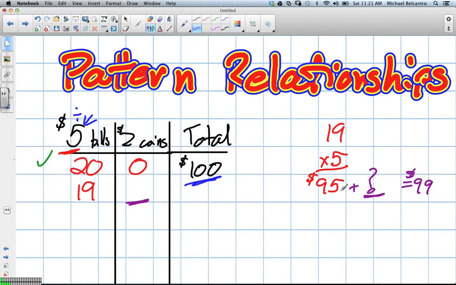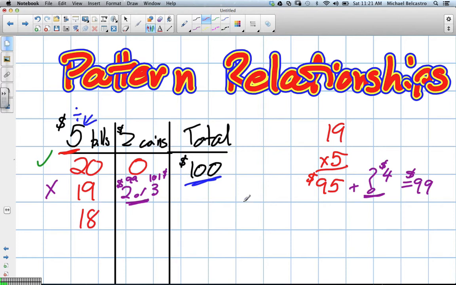If we have $95, we need 4, right? Which is how many coins? 2. So 2 coins gives us 99. Or what does 3 coins give us? 101. Do those work? No. So this doesn't work for us. Okay, let's go down one more.